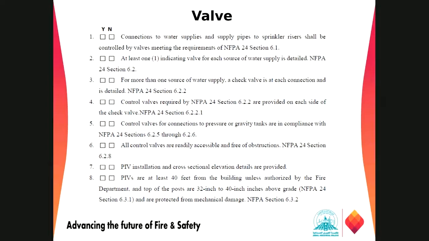So connection to water, now we are moving on to the valve, right? All those we'll discuss. The connection to water supply and supply lines, supply pipe to the sprinkler system shall be controlled by a valve meeting the requirement of NFPA 24 6.1. We have to go directly to 6.1 of NFPA 24.